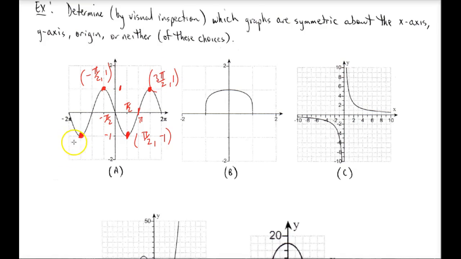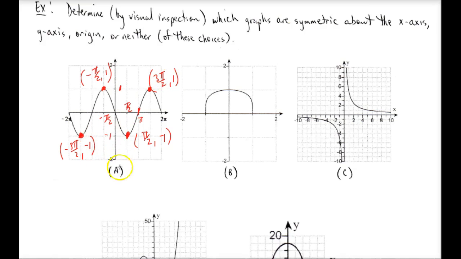And this point here is a negative 3 over 2 pi, with a negative 1. And if you notice, both here and here, the x coordinates are opposite of each other, y coordinates are opposite of each other.